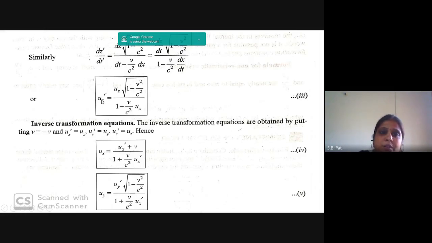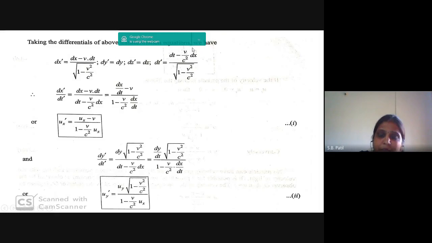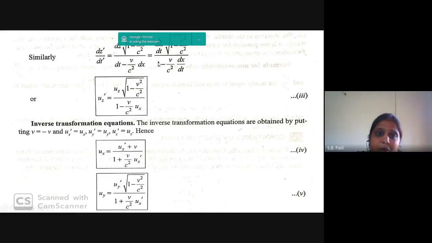Then we have to find the value of dz prime by dt prime. We substitute dz prime by dz, and substitute the value of dt prime, which is dt minus (v/c²) dx upon the square root of 1 minus v²/c². So we got dz prime by dt prime is equal to dz into the square root of 1 minus v²/c² upon dt minus (v/c²) dx. We divide the numerator and denominator by dt.